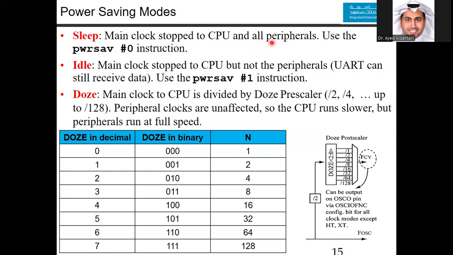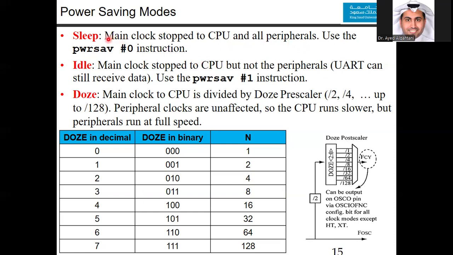The reason is the watchdog timer is the one responsible to wake up the processor from the sleep mode. So it must be running. The clock should be supplied to the watchdog timer. So be aware of this. When we say all the peripherals, it's actually between double quotation marks, because still the watchdog timer is running.